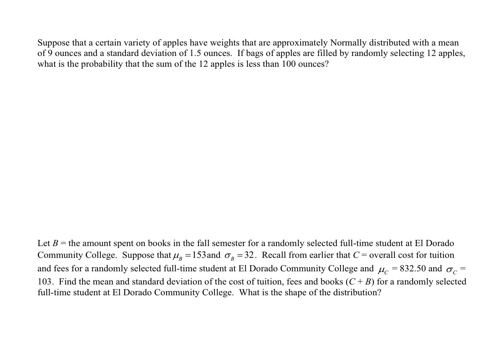Okay, I'm going to start by writing down what I know. I don't have a variable, so I'm going to define A to be the weight of an apple. And we know that A has a normal distribution. We know the mean of A is 9. And the standard deviation of A is 1.5.